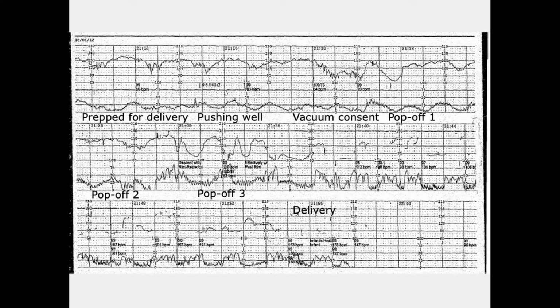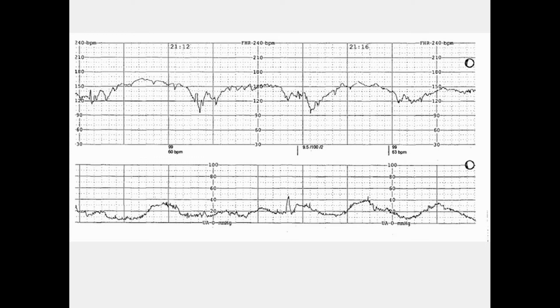But if we don't pay attention to, recognize, and respond, the natural course is to have a really bad tracing. This patient was progressing very quickly. She was complete. There was an attempt at a vacuum delivery. There were 3 other deliveries occurring at the same time as this one on this unit. Unfortunately, baby didn't do very well.